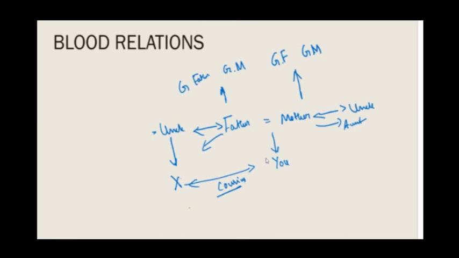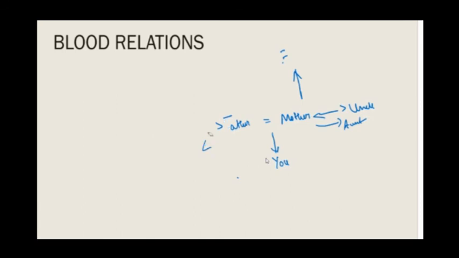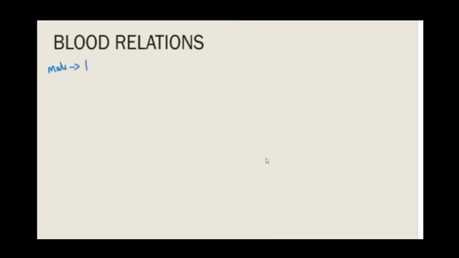Right? Now, this is going to be slightly complicated as I keep on going. So, what I will do is give you a smaller trick with respect to blood relations flowchart. Wherever I come across a male, I'll denote the male in a square box.